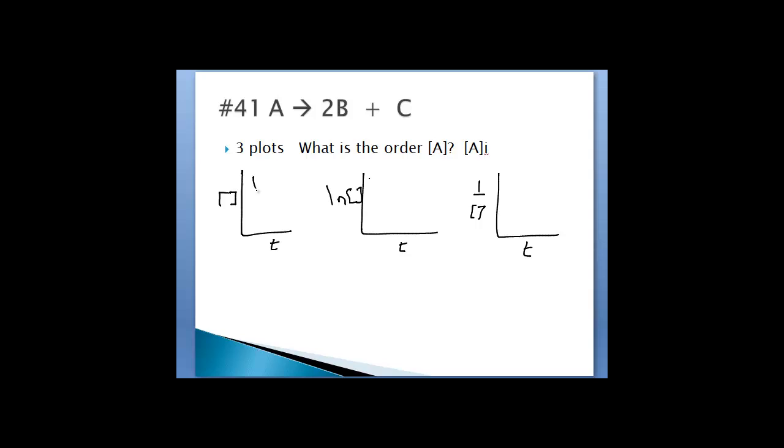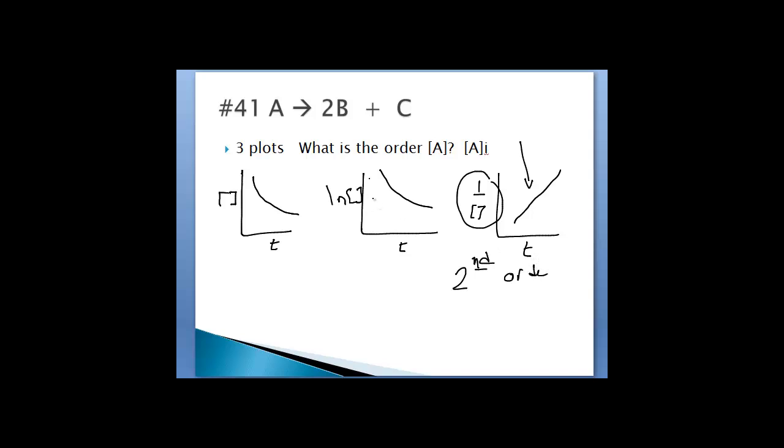The concentration graph basically looks like that. The natural log graph looks like that. And the inverse graph looks like that. In case my artwork isn't up to your standards, that one is supposed to be the straight line. So we know that the inverse relationship tells us that this reaction is second order.